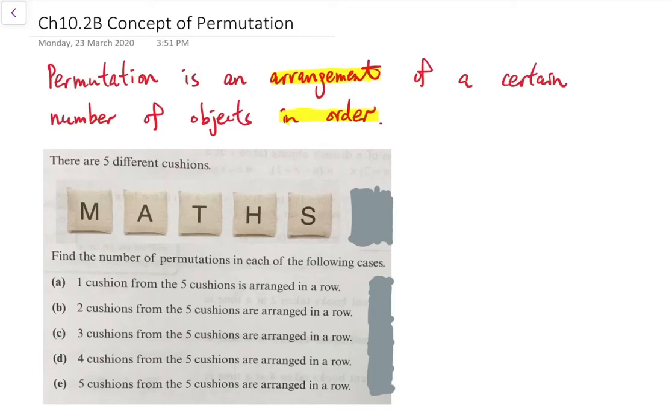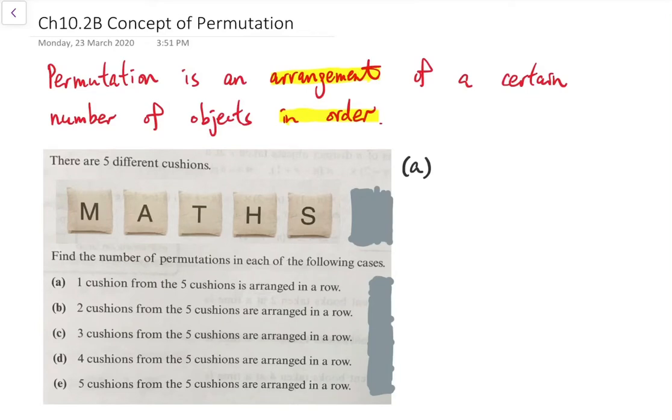Here I would like to show you this concept by looking at the following questions. Now, there are 5 different letters, MATHS. Let's look at the questions. Find the number of permutations in each of the following cases. For part A, if you want to arrange one letter from these 5, you just simply take 1.